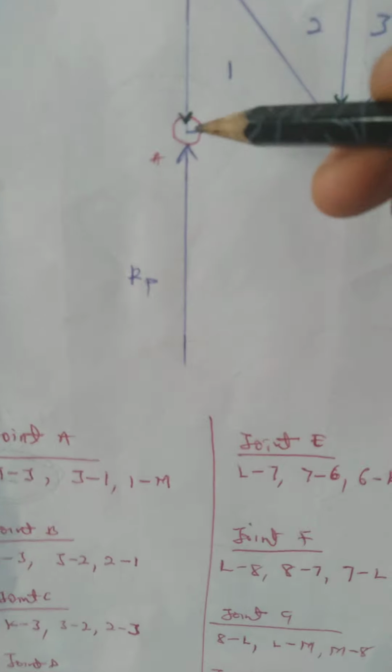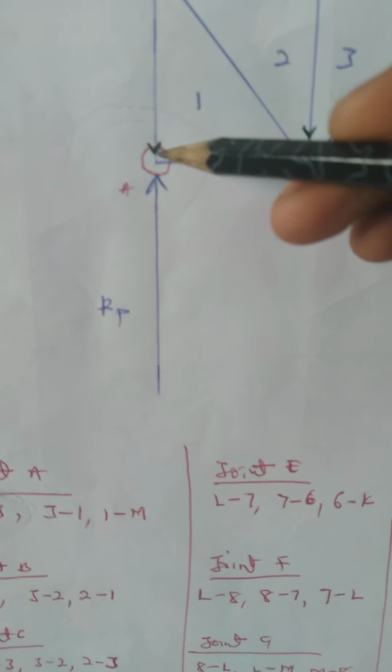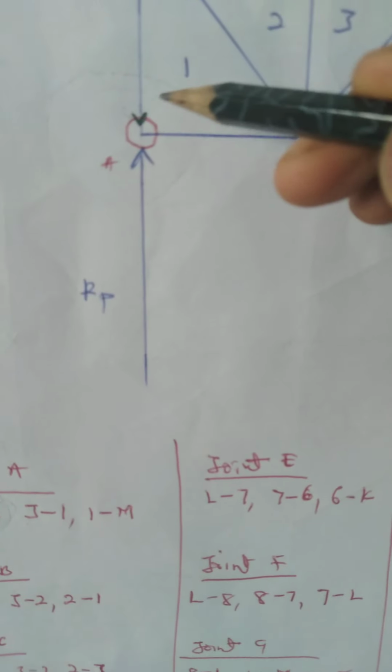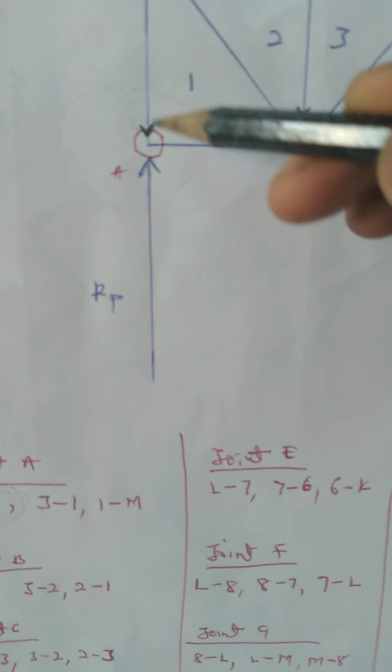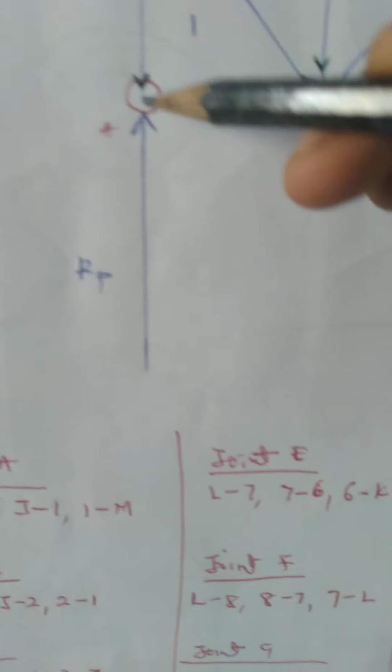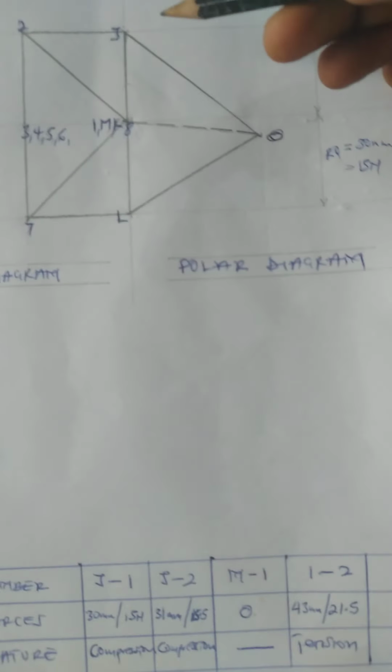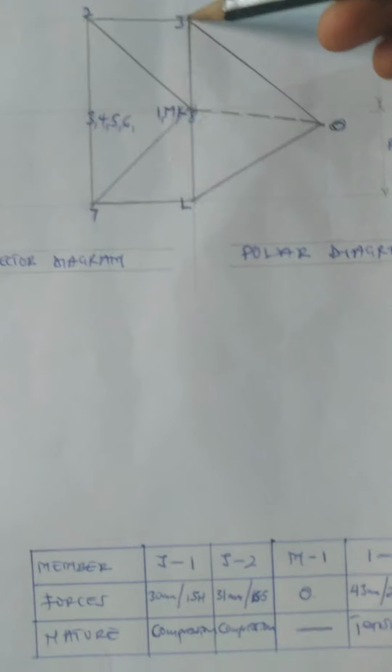So at joint A, the arrow will be pointing towards the joint because it was J1. And when you come back to the vector diagram, J1, we actually descended.